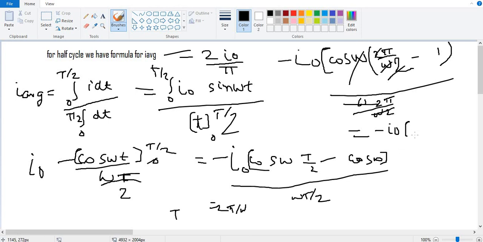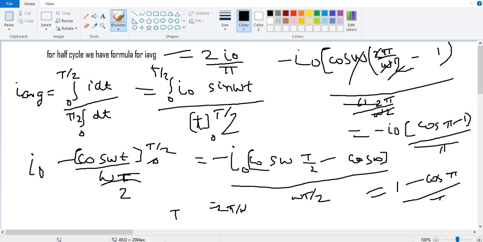So cos pi minus 1, divided by pi; in the denominator we are left with only pi. Now we push this minus inside, so it will be 1 minus cos pi by pi, into I naught.